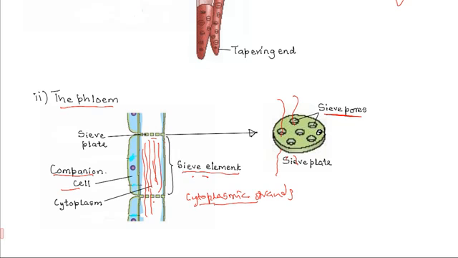The sieve elements have no nucleus and they have very few organelles because of their thin cytoplasm. On the other hand, the companion cell has a prominent nucleus and many organelles. For example, it has numerous mitochondria. The function of the companion cell is to control the activities in the sieve element.